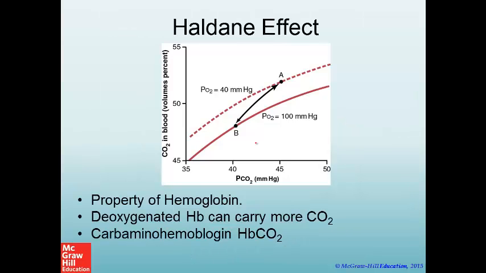Well, there is something, a property of hemoglobin called the Haldane effect. Deoxygenated hemoglobin can carry more CO2, and that will then exist as what's called carbamino hemoglobin, HbCO2.